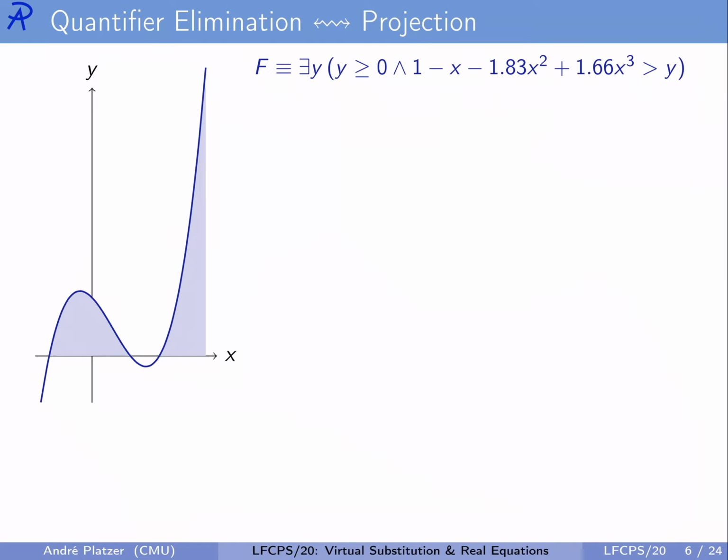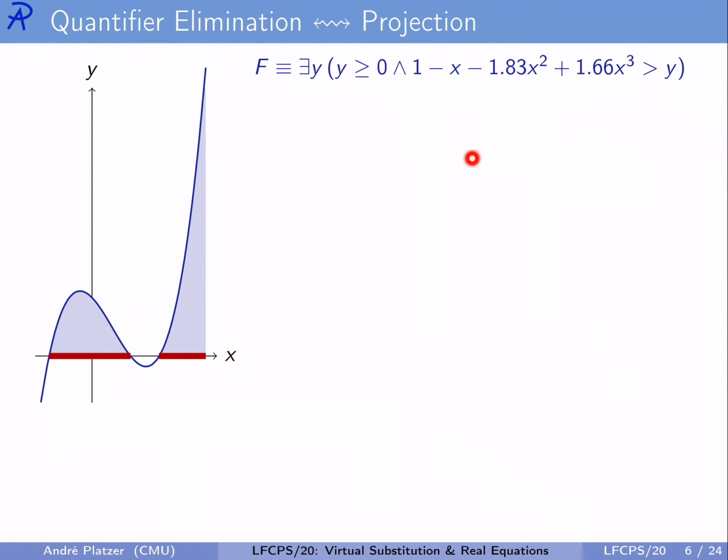And yes, apparently at this point there is such a y, right? Any value in between. At this point there is such a y. At this point there is such a y. For example, that one, or also that one, just right under. In other words, such a y exists in these intervals here.